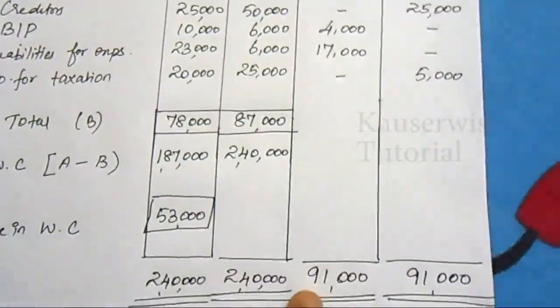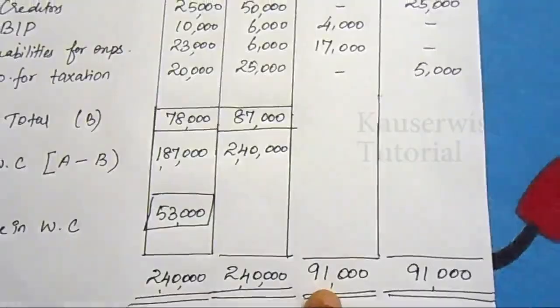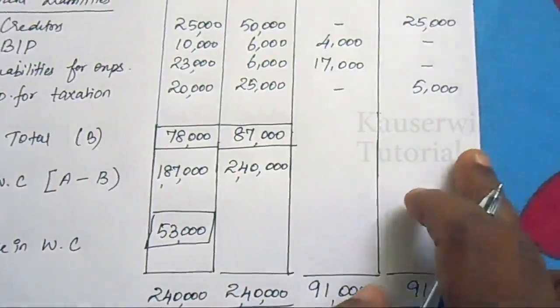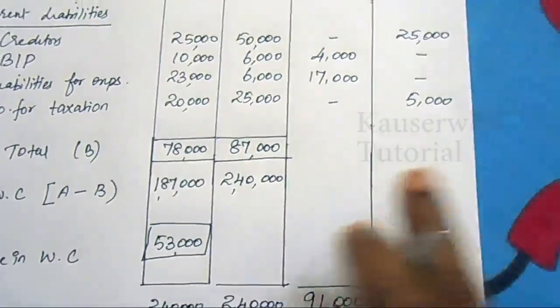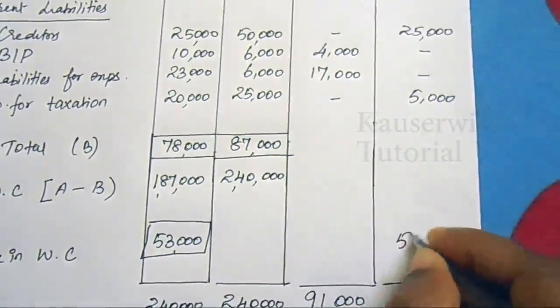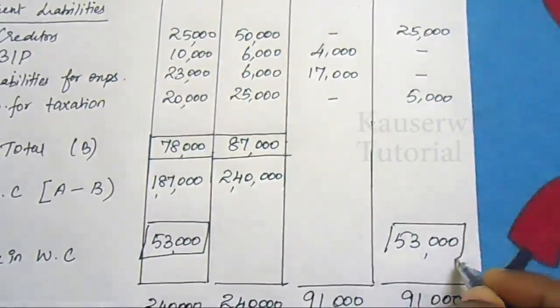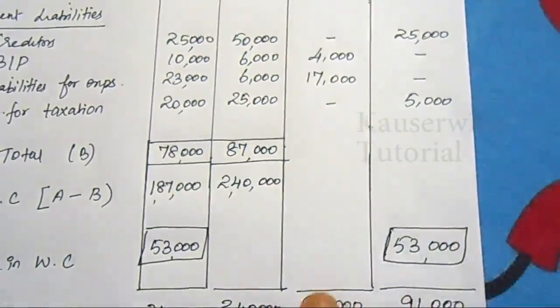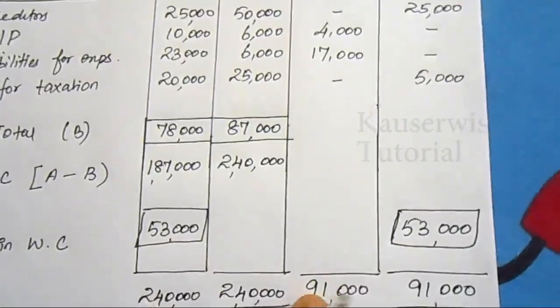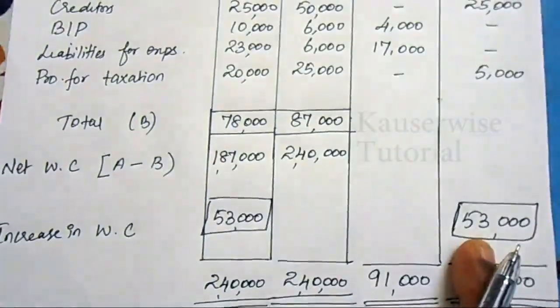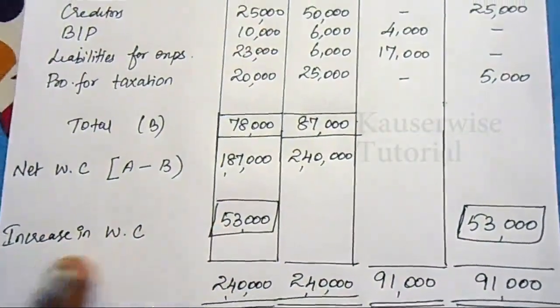But what is the total increase? 91,000 increased. So the increase in working capital is 91,000. But the decrease in working capital, how much? 38,000. What is the difference? 53,000 difference. That is, this amount is called the increase in working capital. So the increase in working capital is more than the decrease in working capital. The final answer is 53,000 is the increase in working capital.